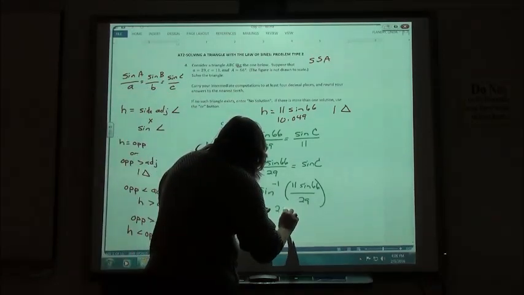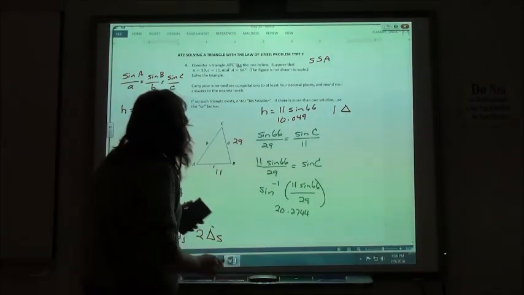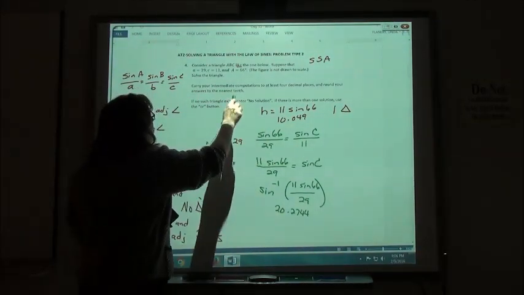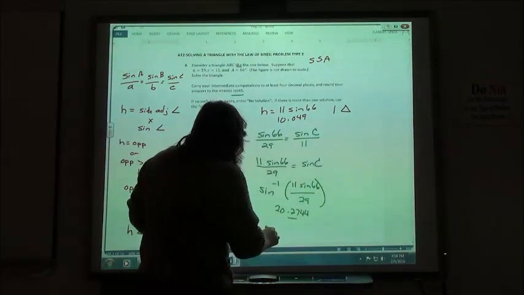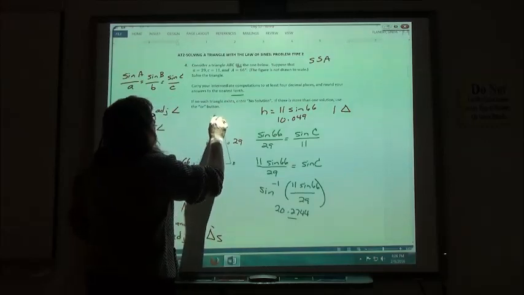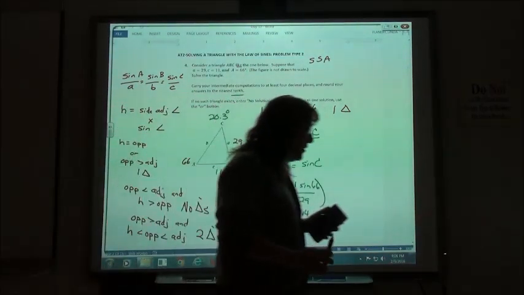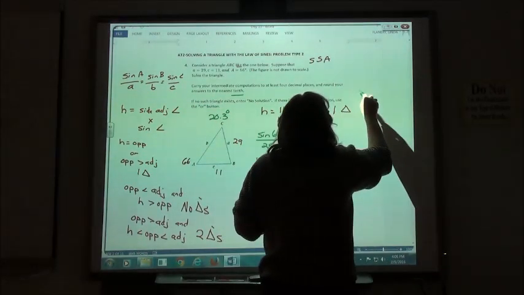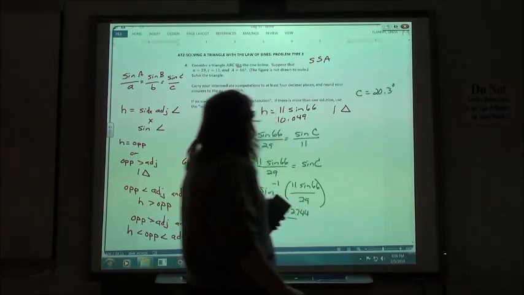I get 20.27444. I am rounding my answers again to the nearest tenth. So, angle C is going to be 20.3 degrees because I'm going to round that off to the nearest tenth.